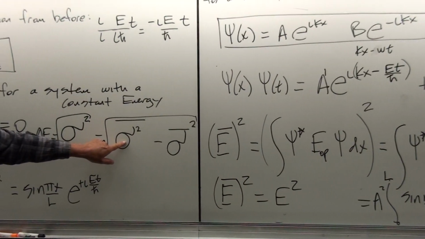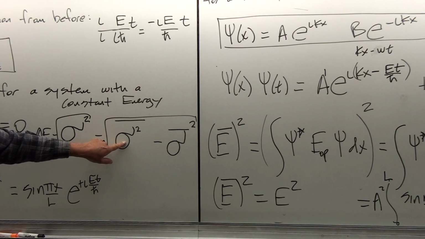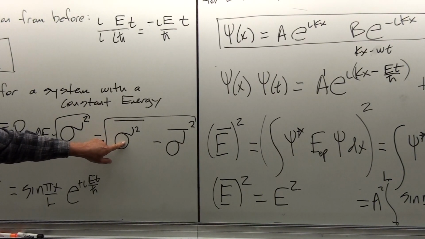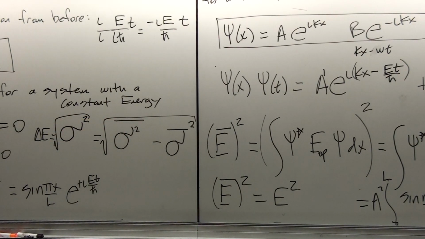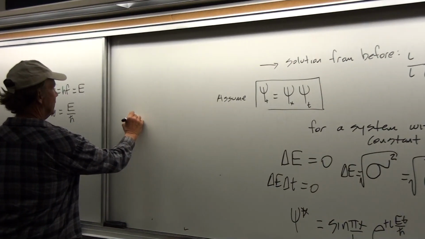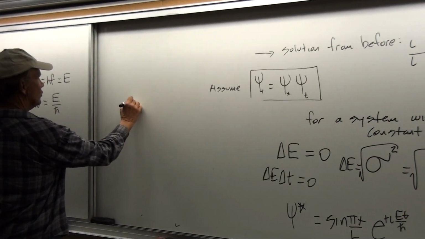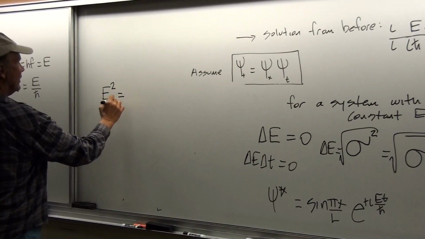Now let's do the same thing, but let's do it now for the sigma squared average part. The sigma squared average part is going to be equal to, well, E squared, and then we're going to take the average of that.